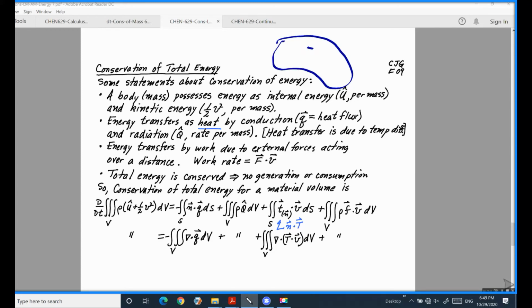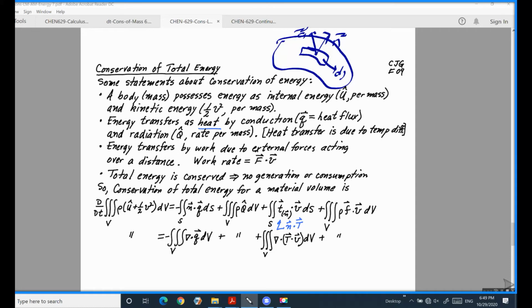You have some dS here on the contour surface, with a unit normal vector, and you have some vector acting here.